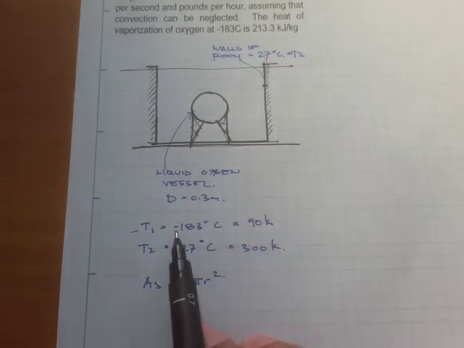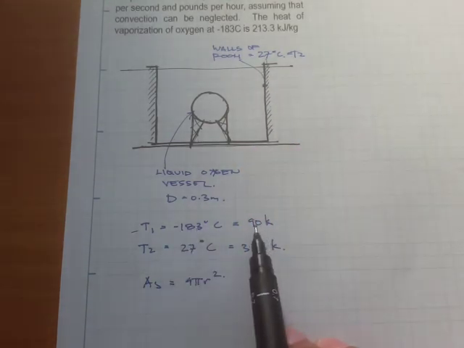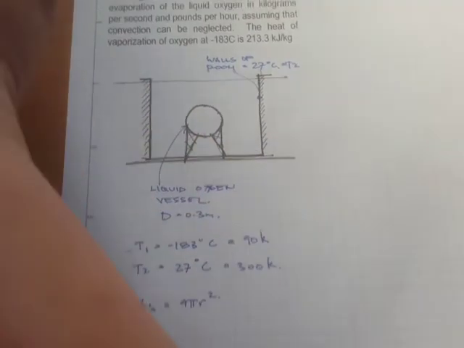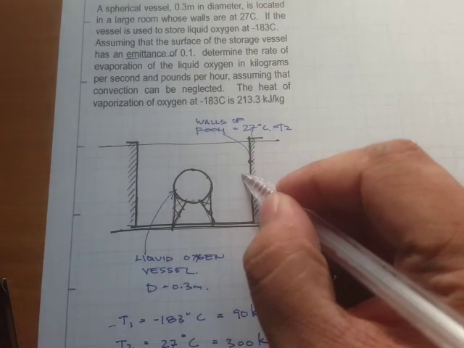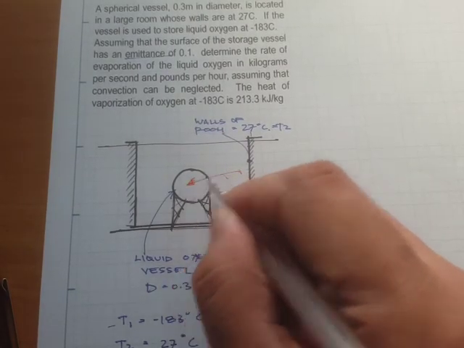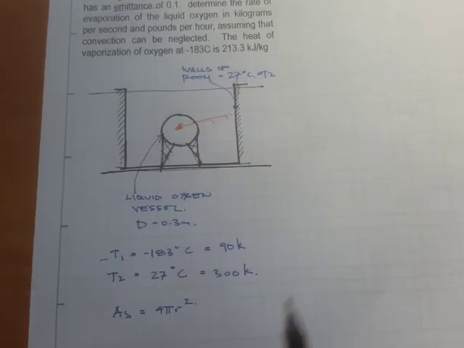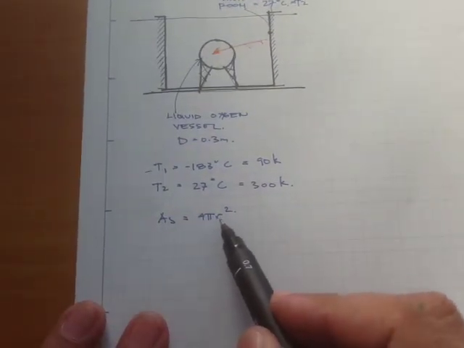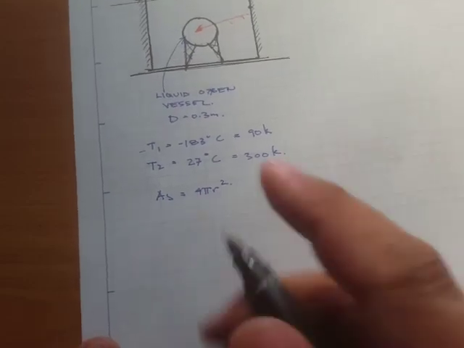If we convert that, negative 183 is equal to 90 Kelvin, and this one is 300 Kelvin. So therefore, the heat will be going from the wall to the vessel. And recall that the surface area for a sphere is 4 pi times r squared.